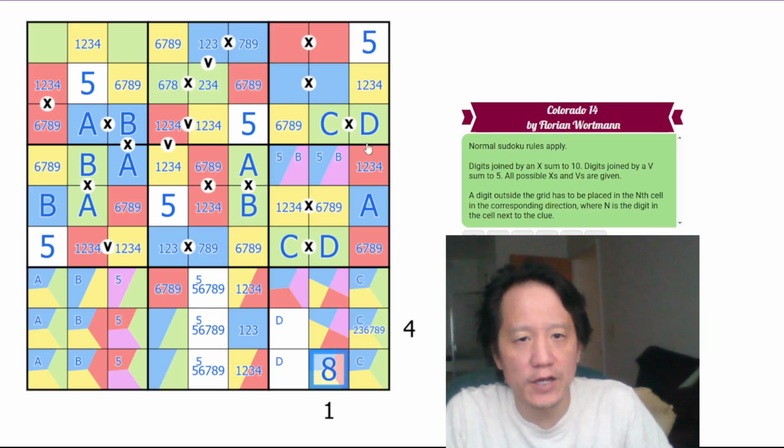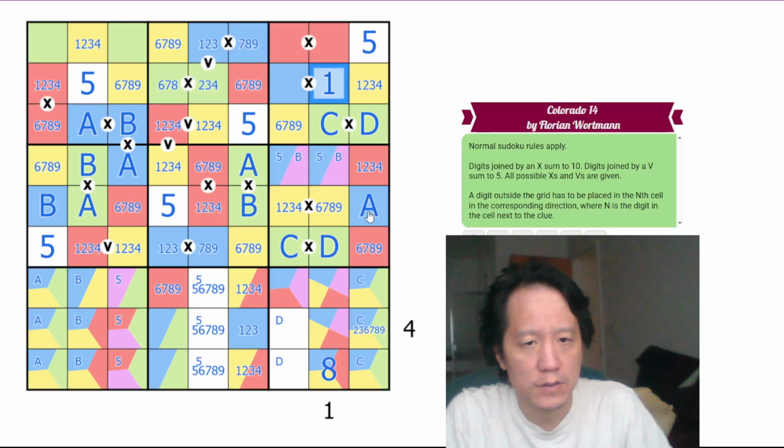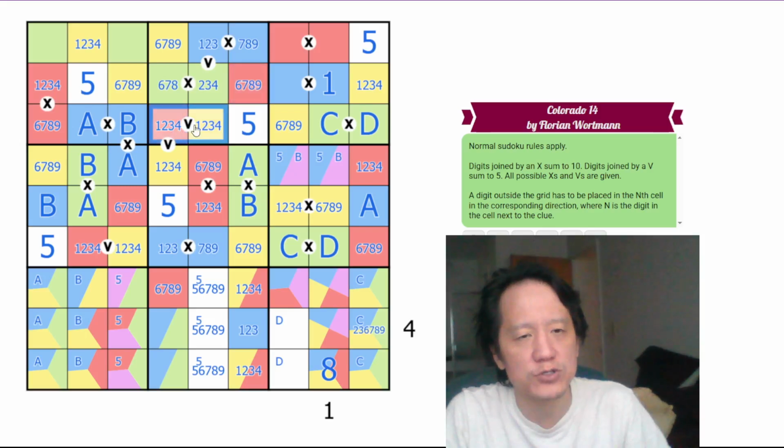If this were an 8, that would mean blue is a 1. It could not be the yellow high. So it would have to be the red high because blue adds up to 1, 9. Therefore, red and yellow must be 2 and 3 to add up with 7 and 8. So this would be red.